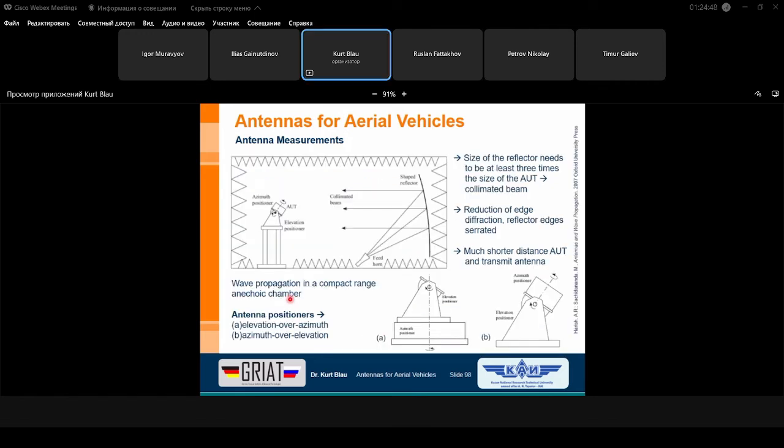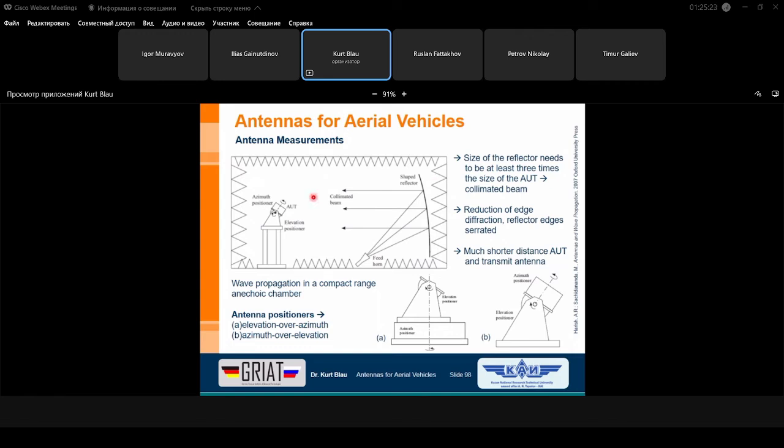Here we can see such a compact range test site with absorbers. This is a cross section. You can see here the reflector for the compact range, our feed antenna, in this case, for instance, a horn antenna, and we can apply such a horn antenna which has a more or less large opening angle, and all reflections are coming, for instance, from here.